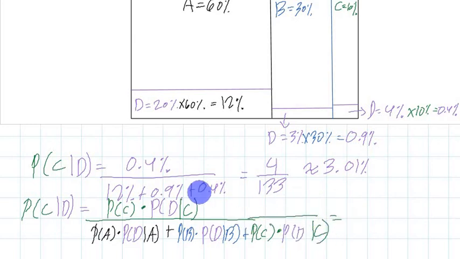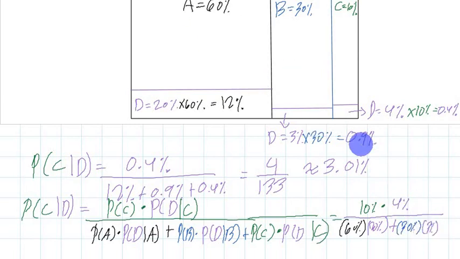And these values are actually the ones that we have solved already. So the one on top would be our 10% multiplied by 4%, all over these values, which is our 60% multiplied by 20%, added to our 30% multiplied by 3%. Let's extend that a little bit.